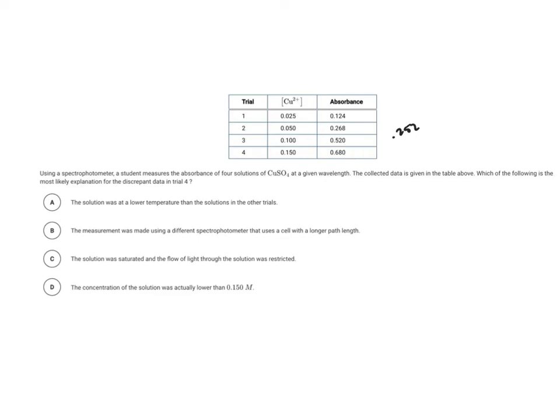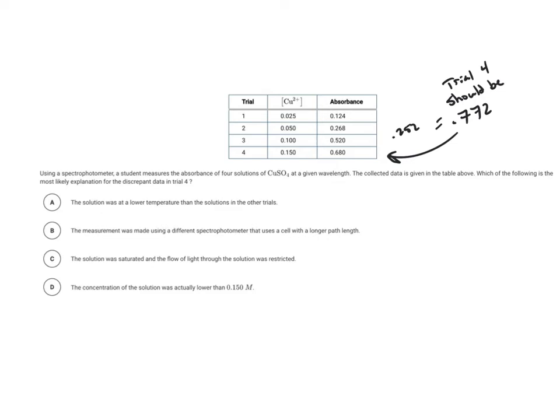So if you take 0.520 plus 0.252, you should get 0.772, but you see that your actual answer is 0.680. So the absorbance in trial 4 is too low. It should be 0.772, but it's 0.680.